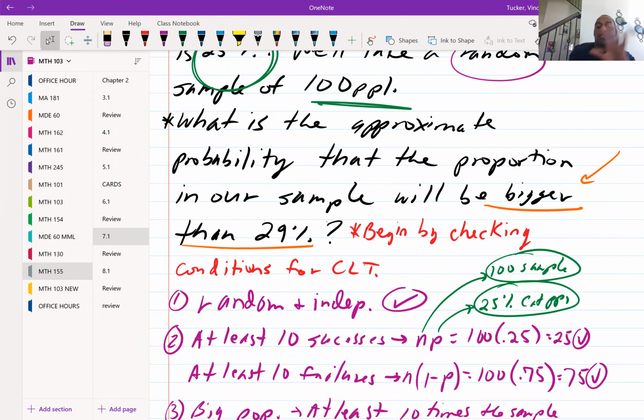If there's 25% cat people, you subtract that from 1, or 100%, and you'll have 75% non-cat people. You multiply that times 100. So both of these numbers have to be at least 10 when you multiply by your sample size. Whatever your population proportion is, you multiply it, and then its complement, by your sample size, and both of those numbers need to be at least 10 in order to meet the conditions of the central limit theorem.